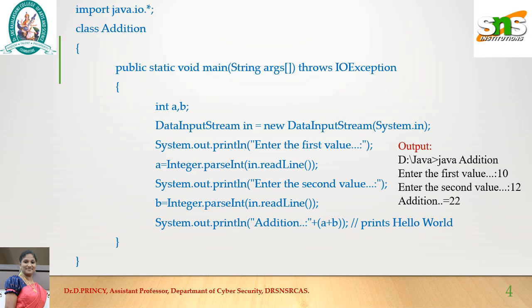After getting the input from the user, I'm adding the values of a and b and displaying the result. See the output. When I execute the program, it asks for the values from the user. Enter the first value 10 and the second value 12. That is equal to 22. So these are examples of how the sequence structures are executed.